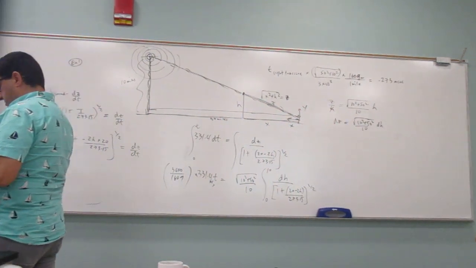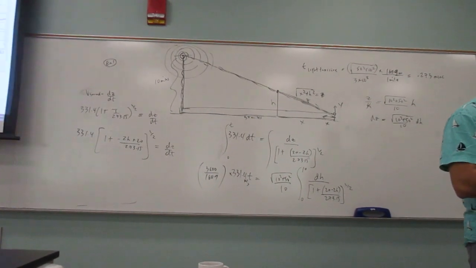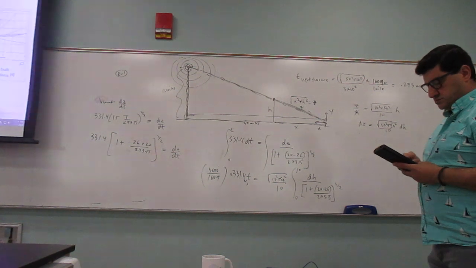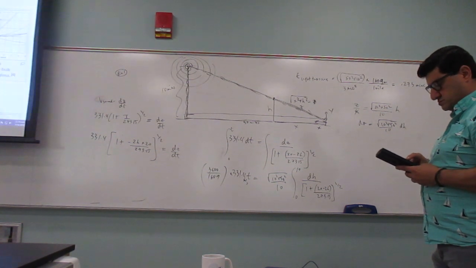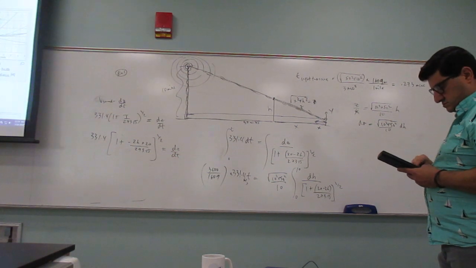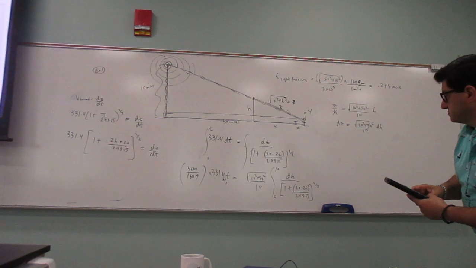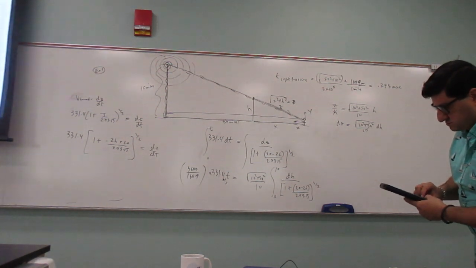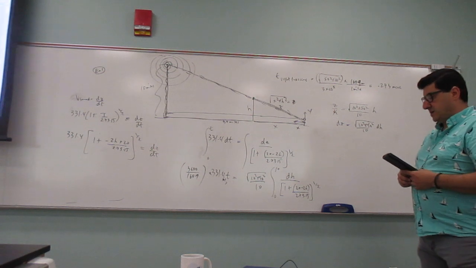Might be too hard to do by hand. 1 over square root of... Okay, the integral gave me minus 1 plus 2.